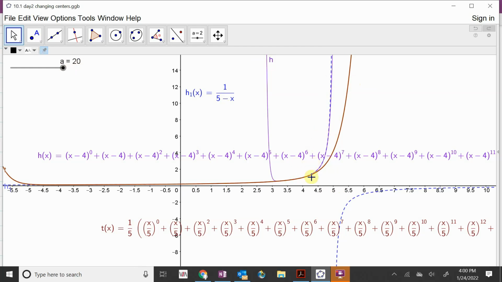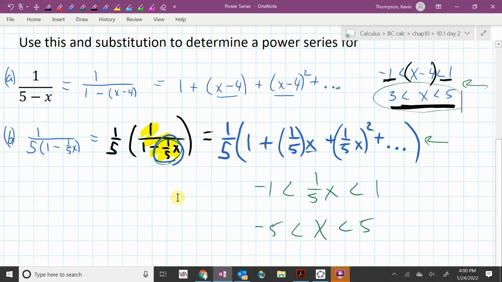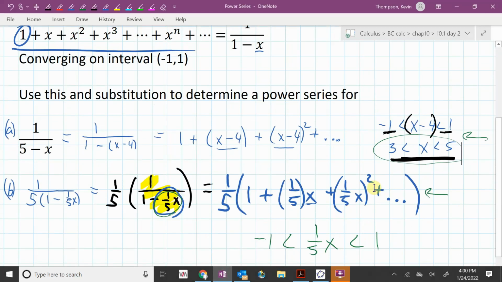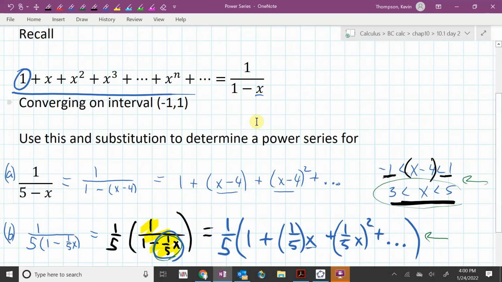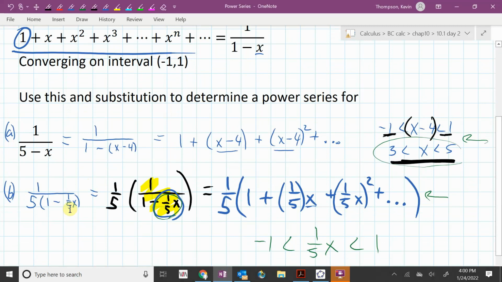We can see the purple centered at 4, and it's pretty obvious here at this point, the centered at 0 for the brown one. But they definitely are agreeing in here. So that's what we have here. We have two different representations of this that are thought of in different ways, one of them by moving the center, one of them by manipulating it, by factoring out that 5.